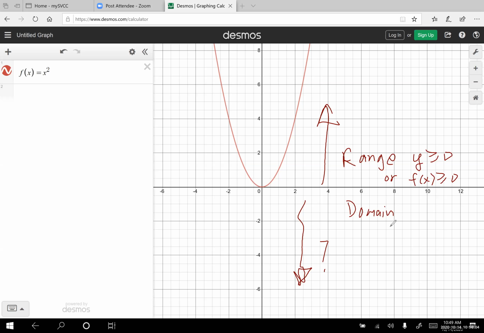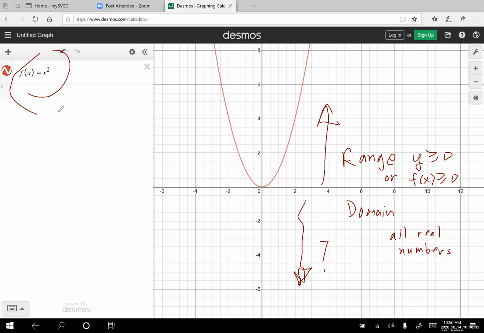So for the domain, we're going to say that's all the real numbers. Which is often the case, but I'll show you a couple where that's not. So here we have a domain of all the real numbers. I can plug anything I want into f of x equal to x squared. But what comes out? Only positive numbers. Only positive numbers are what come out. So that's the range.